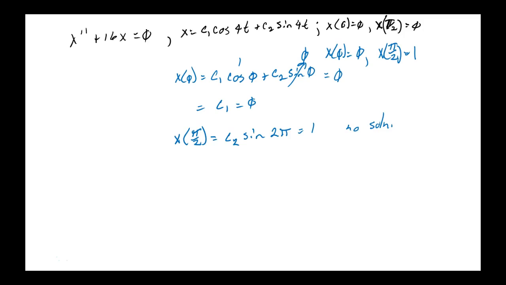Once you have that, you'll never get anything to make x of pi halves be anything other than 0. Anything else will not work, period. So that may limit what your boundary values can be.